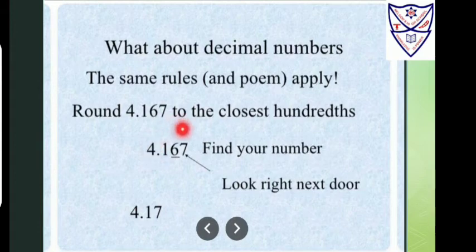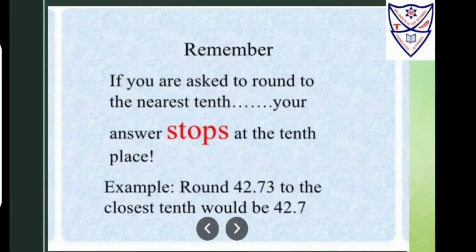Is it less than 5 or more than 5? It is more than 5, so we will add 1 more. So 6 will change into 7. So the answer will be 4.17.